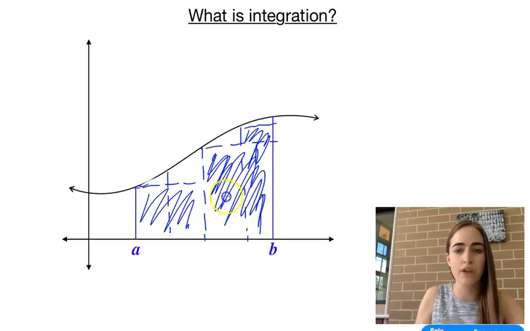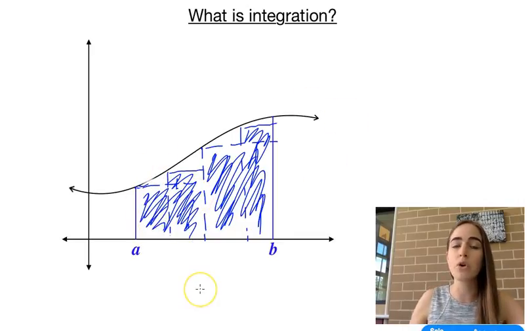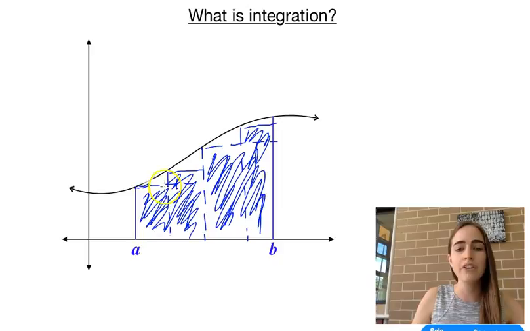So we've got 4 rectangles we're finding the areas of now. Then it's getting more and more accurate each time. Now, if we were to split it into tiny little rectangles, lots and lots of tiny little rectangles, we're going to get a really accurate approximation of the area.